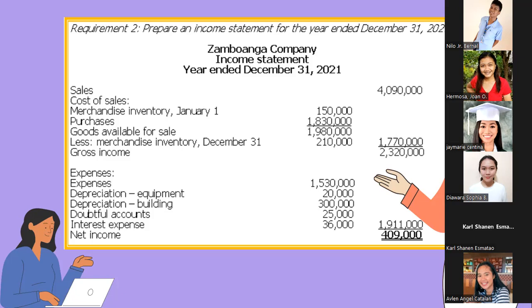Meaning, you are not only recording the depreciation for the current year, but also for the previous year. What it simply shows is that depreciation of the previous year was not recorded. Am I correct? Yes, ma'am.